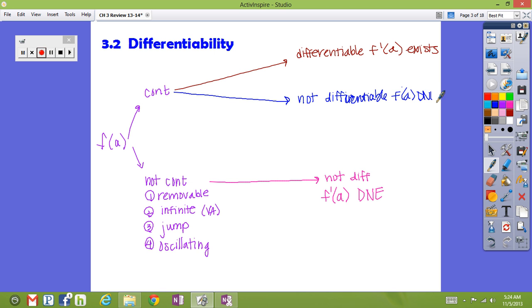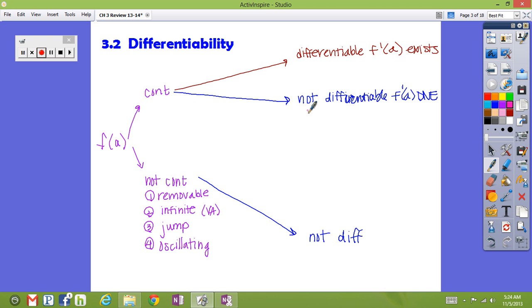And there are 3 of those points. So actually, let me move this down so I have a little room. Alright, 3 points. One is a corner. How do you get corners? Either piecewise or with the absolute value functions.